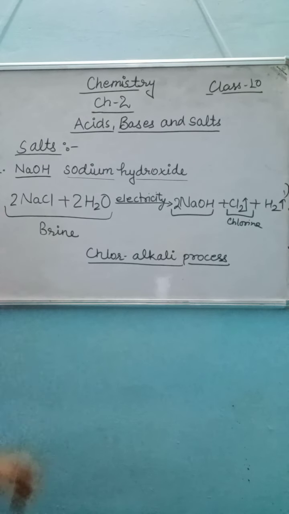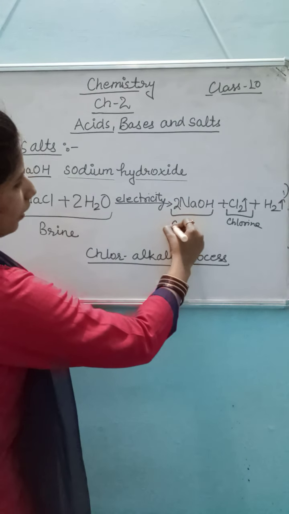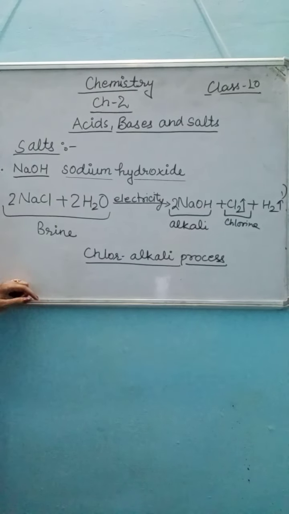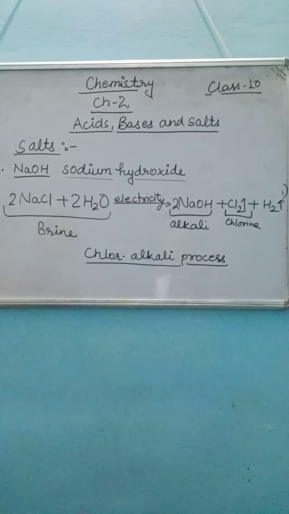Alkali means the base which dissolves in water. So NaOH is an alkali. Alkali is produced here. That's why this process is known as the chlor-alkali process.